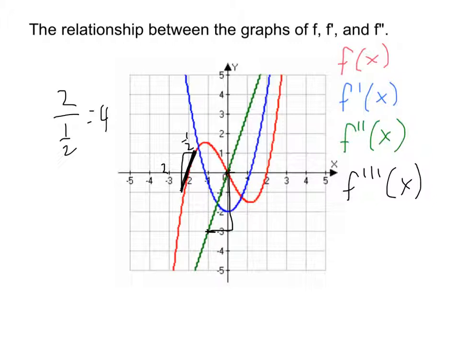So the function f triple prime would be the graph here of f prime prime prime of x equals 3. Okay, so that would be the graph of f triple prime. So if you got that, you are doing awesome. Go ahead and pat yourself on the back.